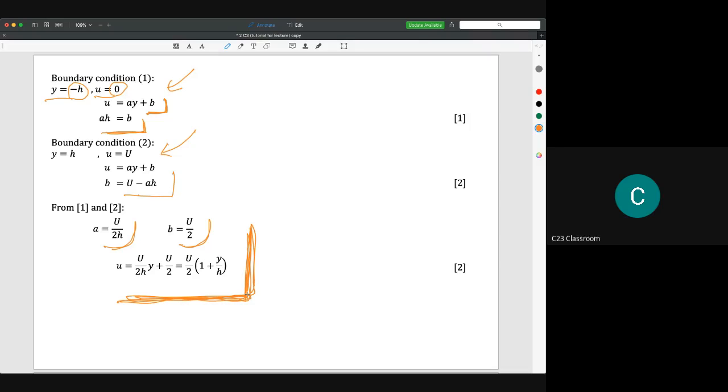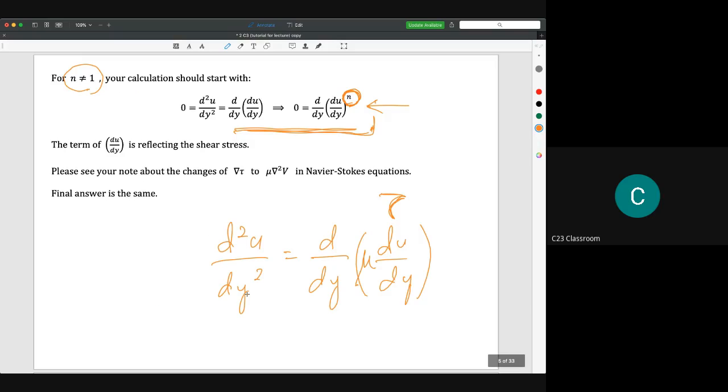So that's why in the textbook we see this question, maybe for the third time, asking what happens if n is more than 1 or less than 1. The answer is they will show you the same velocity distribution.